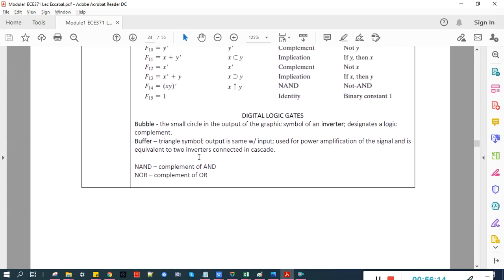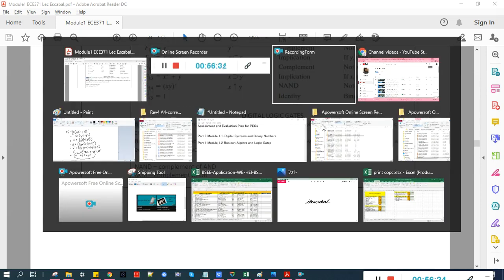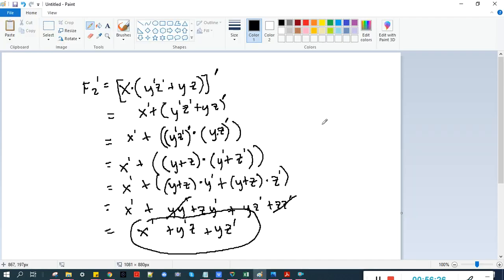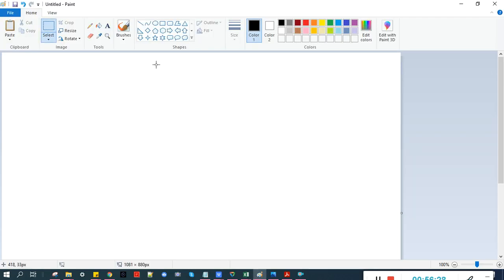Now let's go to the digital logic gates. Bubble. This is the small circle in the output of the graph symbol of an inverter. We call it the bubble. This is our inverter.